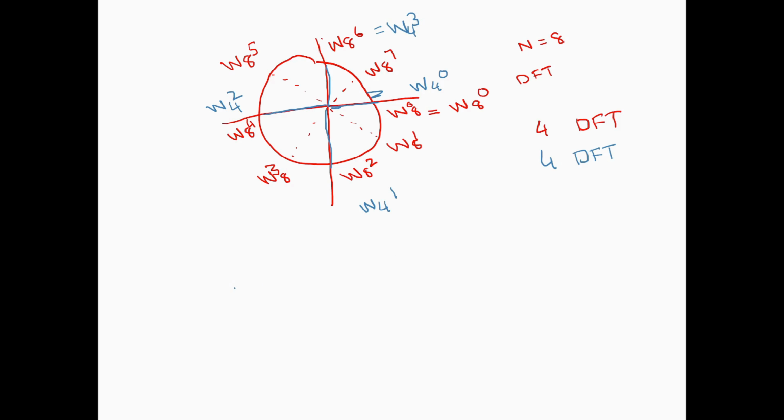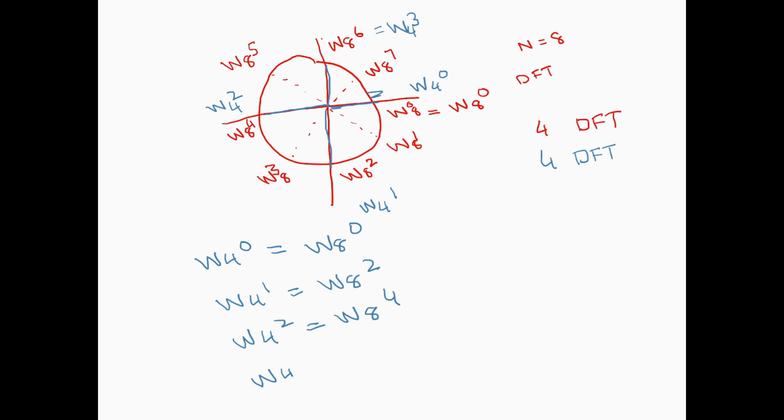Now, according to this, what we can see is that W40 was equal to W80, whereas W41 was equal to W82, whereas W42 was equal to W84, and W43 is equal to W86.